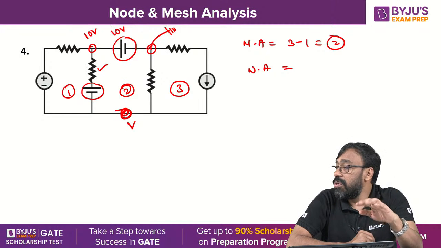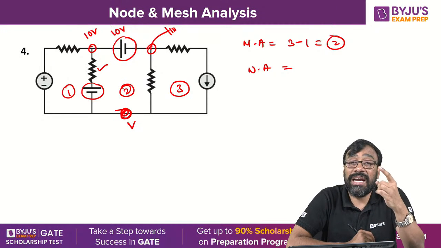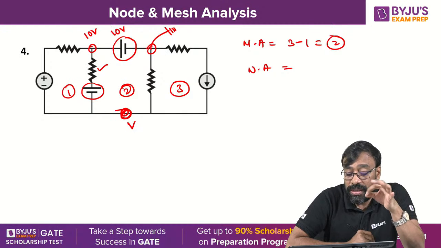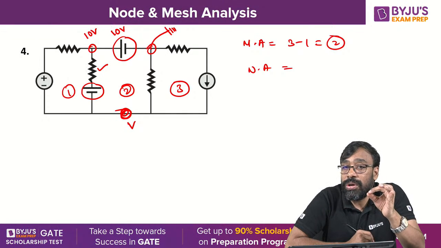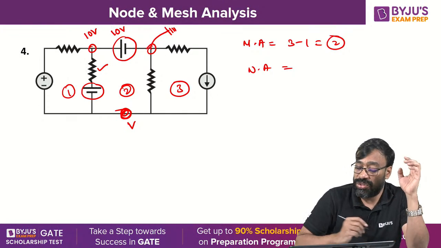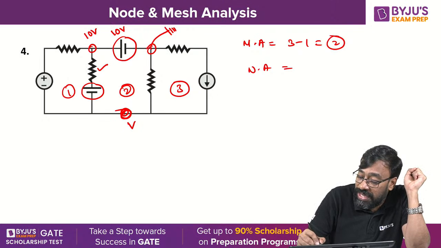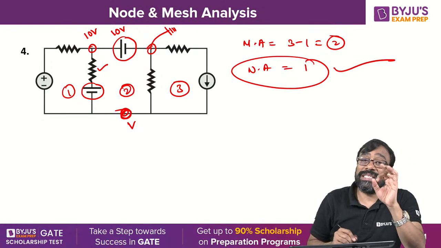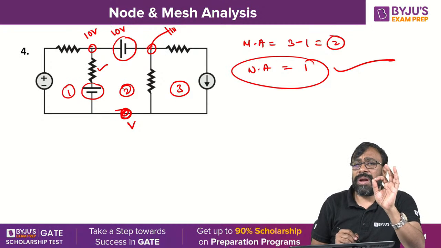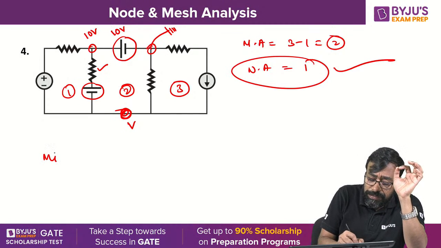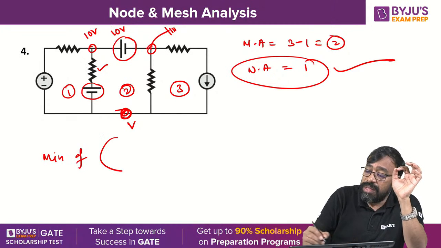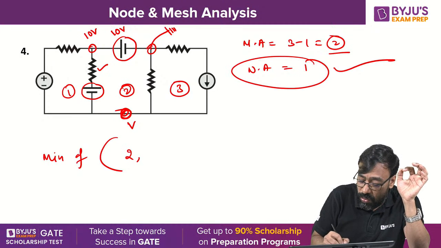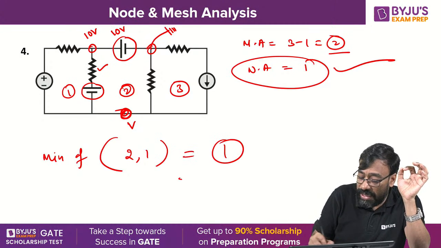The usual n minus 1 equations gets violated here because the network contains an ideal voltage source without any series resistor. So only one equation is enough. Which is the best method here? Node analysis is the best method. The minimum number of equations here is the minimum of 2 and 1, that is 1 only.